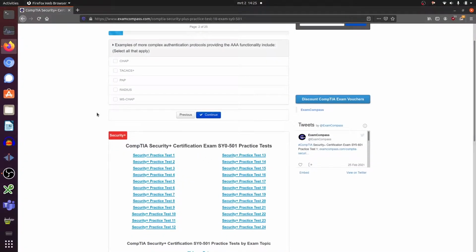Examples of more complex authentication protocols providing the AAA functionality include, select all that apply. Well, that's RADIUS that we just saw, and that's the TACACS+, I think I say it correctly. And this last one is, I believe, made by Cisco. If I say something, I need to verify it.